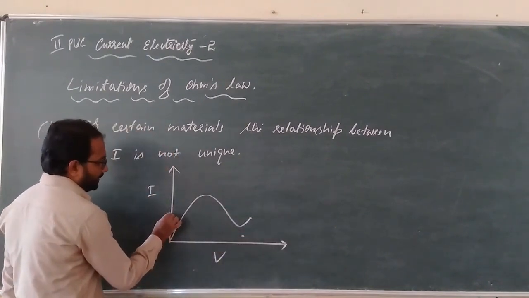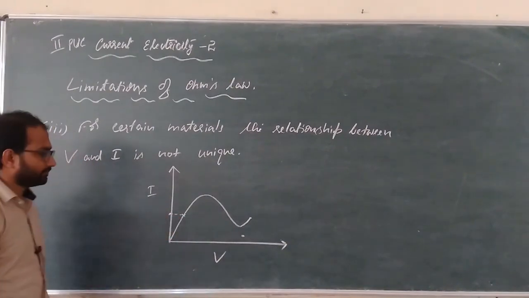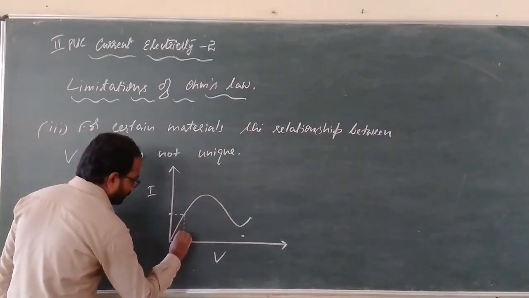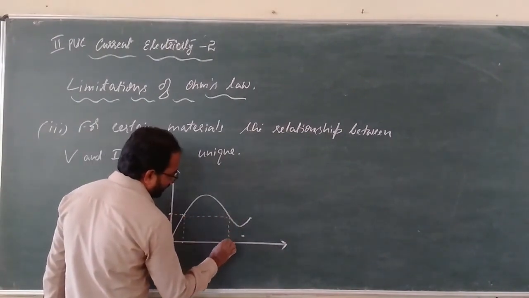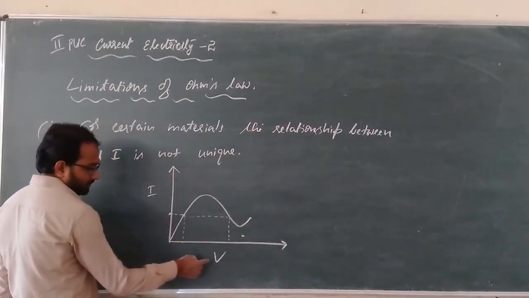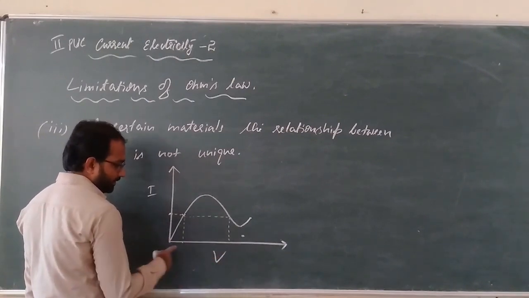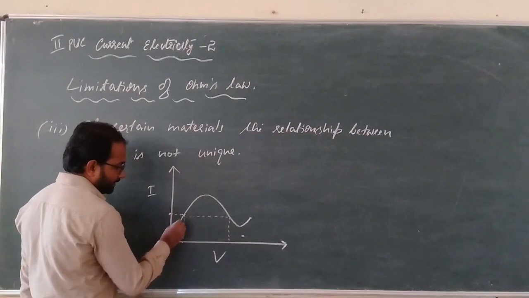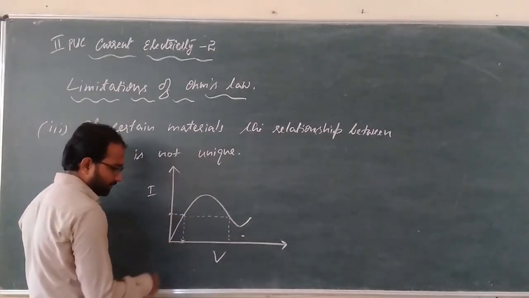For a given value of current, say this is the value of current, this is one value of voltage here. For the same value of current, you are getting another value of voltage. As you go on increasing the voltage, the current increases, and you get a certain value of current for this particular voltage.